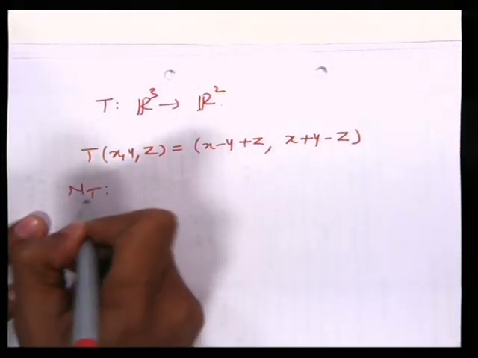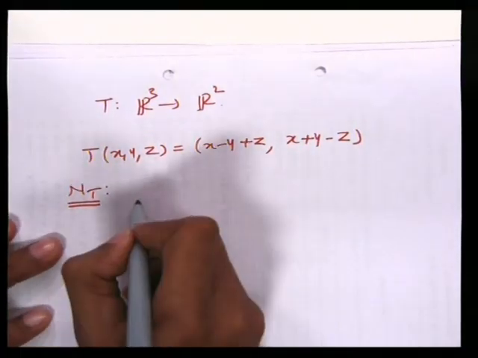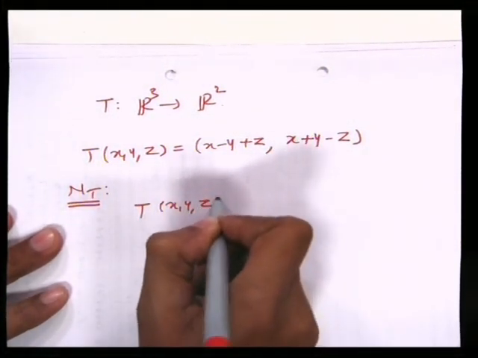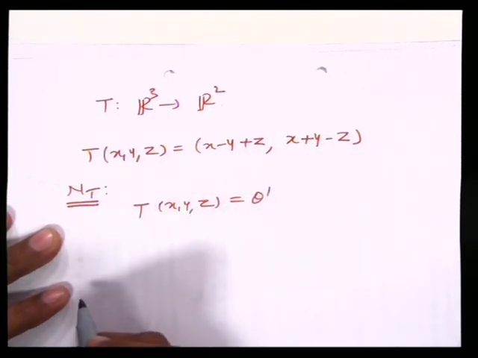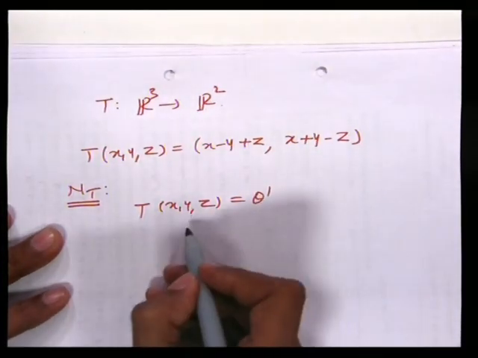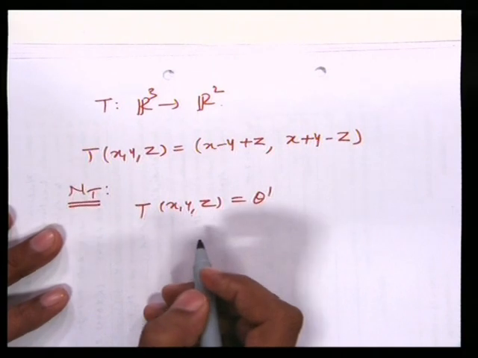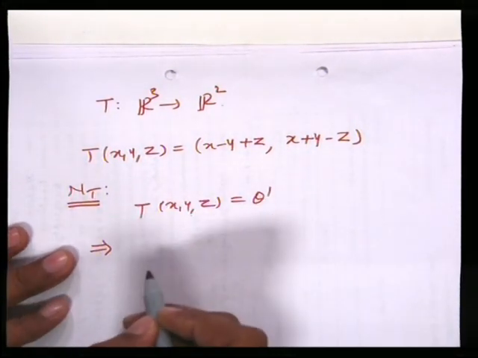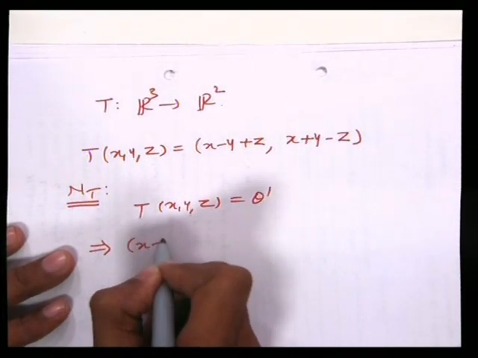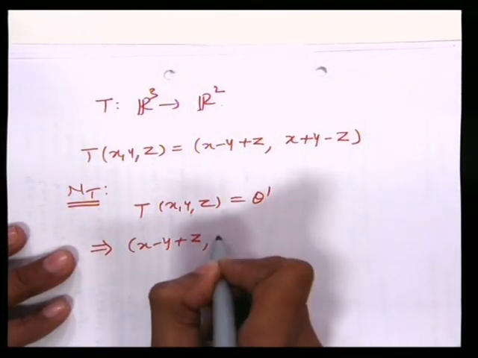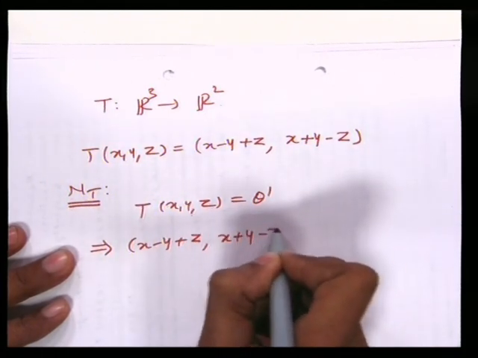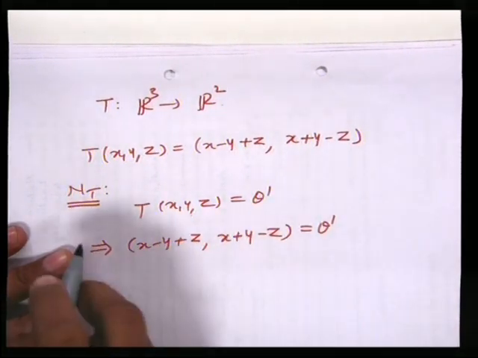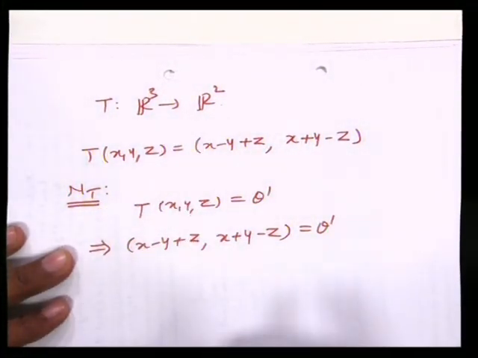Finding NT. Let T of xyz be equal to theta dash. Then this vector xyz will belong to the null space of T. So by definition, T of xyz is x minus y plus z, x plus y minus z, and it is equal to theta dash, where theta dash is the 0 vector of the codomain space R2.